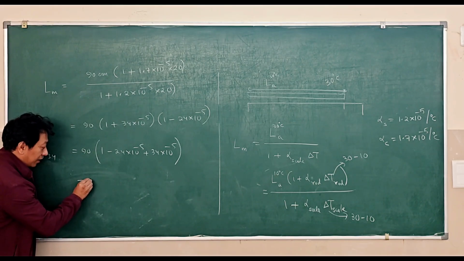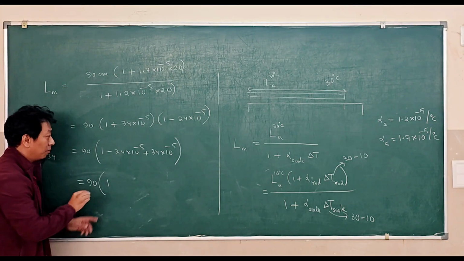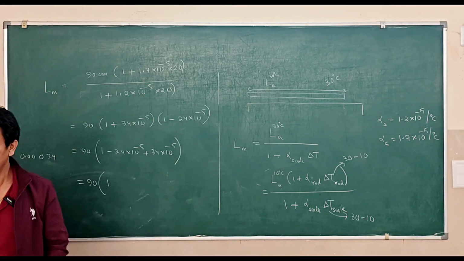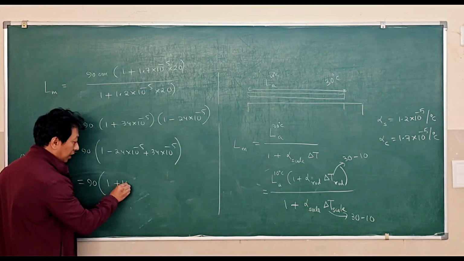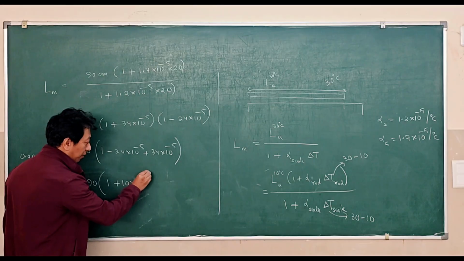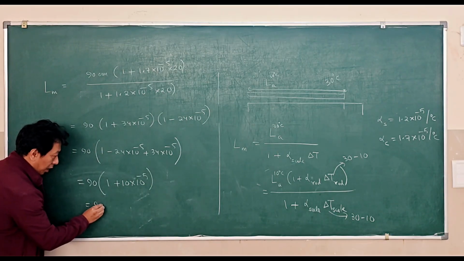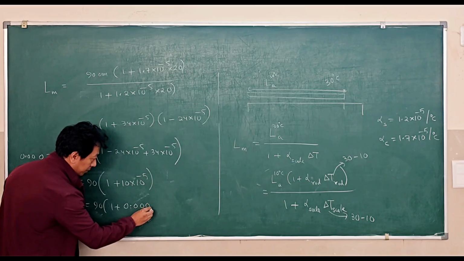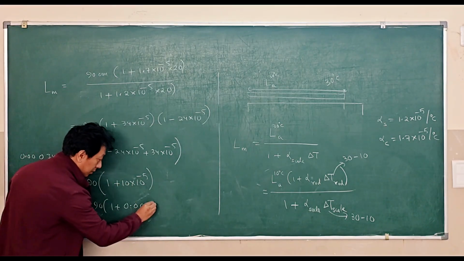See here, this is 90. This is 1. Now minus 24 plus 34 plus 10. So this is plus 10 into 10 power minus 5. That will be how much? 0.0001, 10 power minus 4.